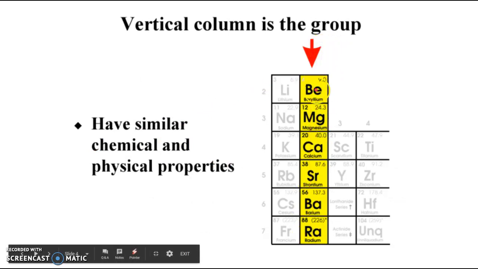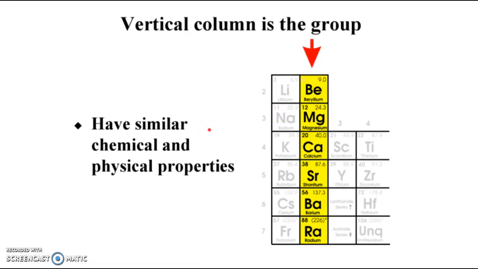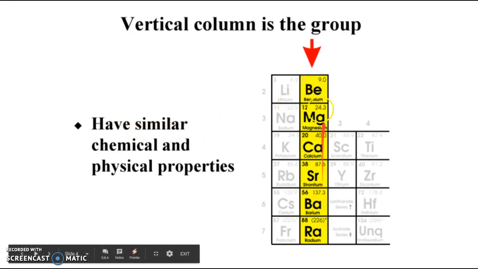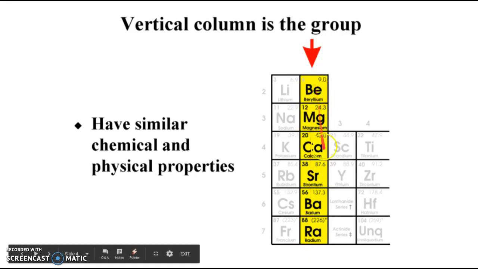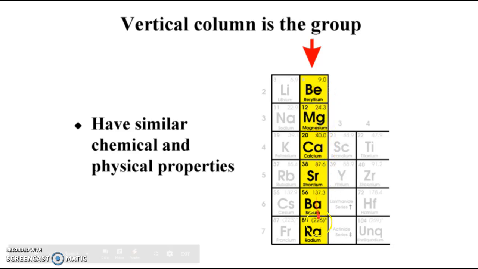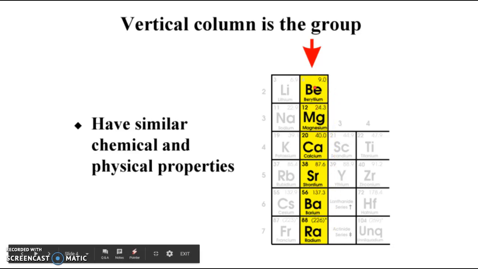These are also called families. I'm going to switch between that. I'm used to calling them families, but they're also called groups, so I want you to know both of them. These guys have similar properties. Their chemical and physical properties, which you have learned about, would be similar. So something like how flammable they are would be similar within this family or within this group.